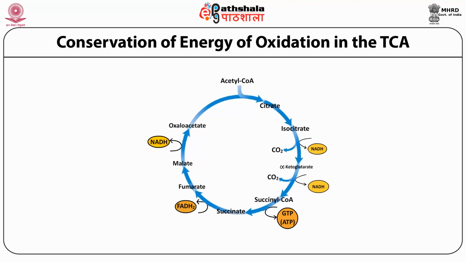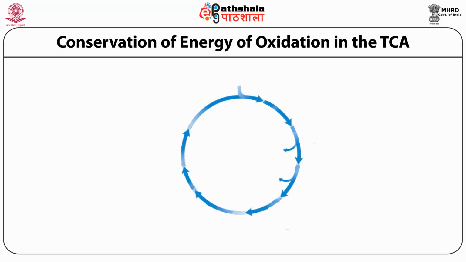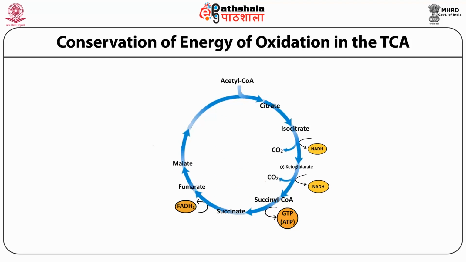Thus, there is complete oxidation of 2 carbons during one cycle. Although the 2 carbons which enter the cycle become part of oxaloacetate, they are released as carbon dioxide only in the 3rd round of the cycle.